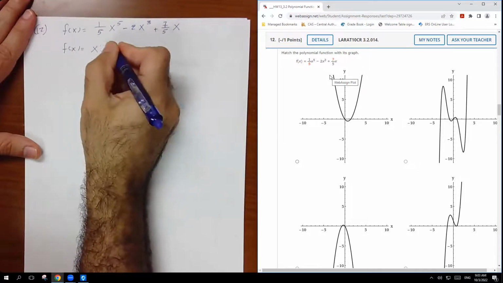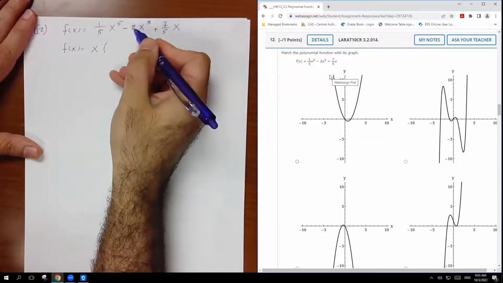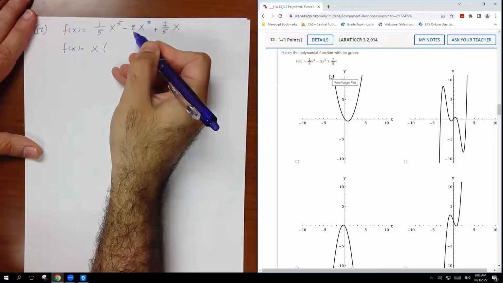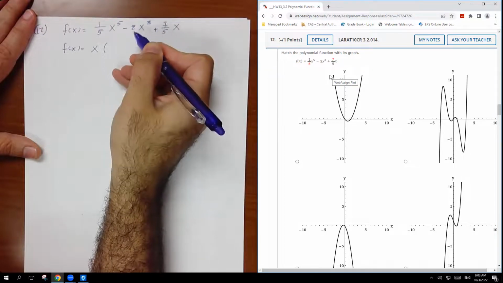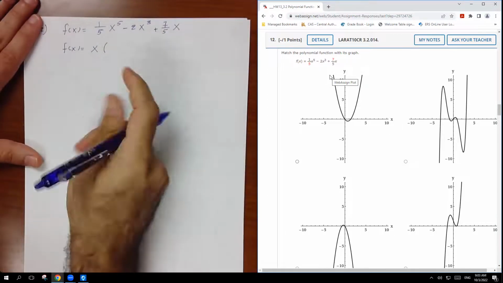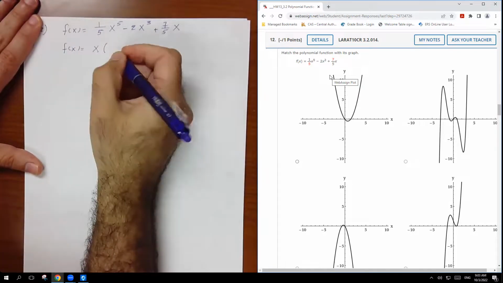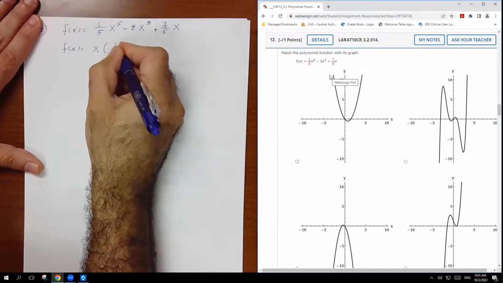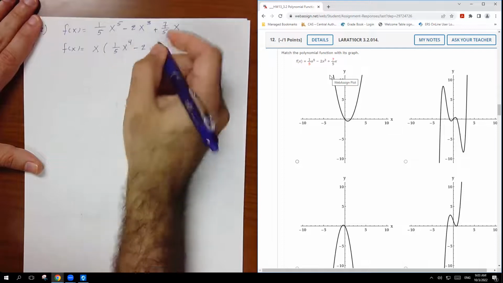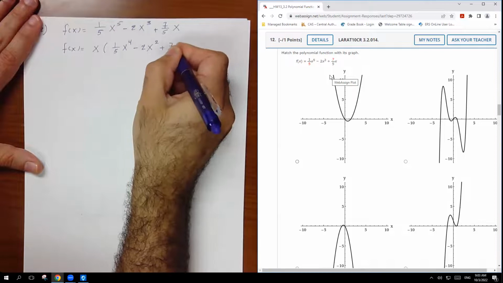And here we can factor out the 1 over 5. So that's what I'm going to do. I'm going to show you this step first. Then this is 1/5 x to the power 4 minus 2 x squared plus 7/5.